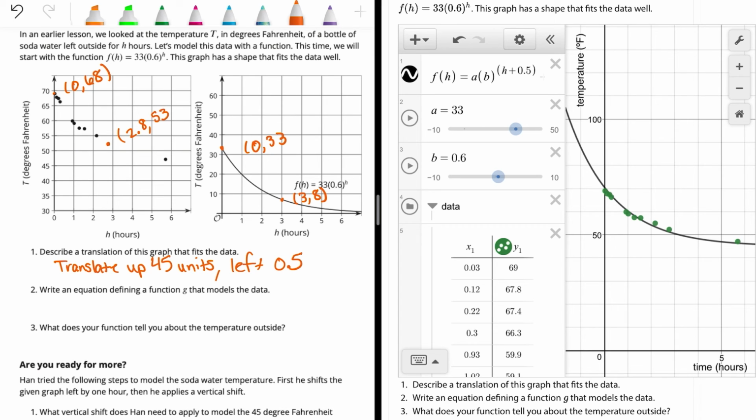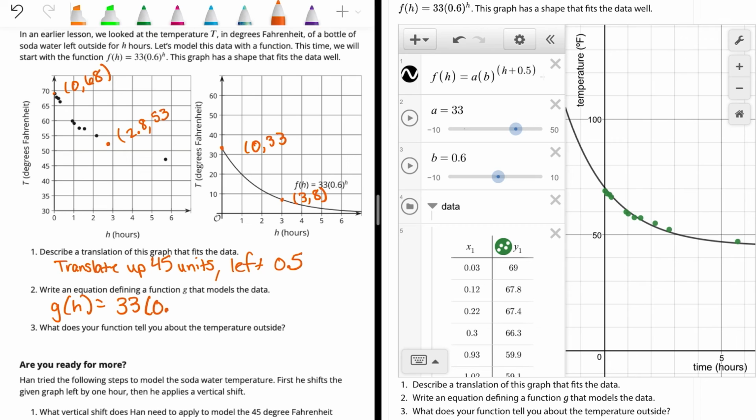Right? So our equation is going to say f of h, actually it should be g. So g of h is equal to 33, that didn't change, times 0.6, and then we shifted left 0.5, so we're adding that to the h, and then we went up 45 units, so we're adding that to the whole expression.